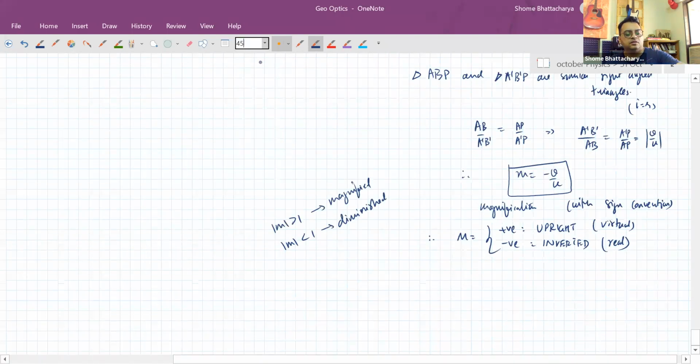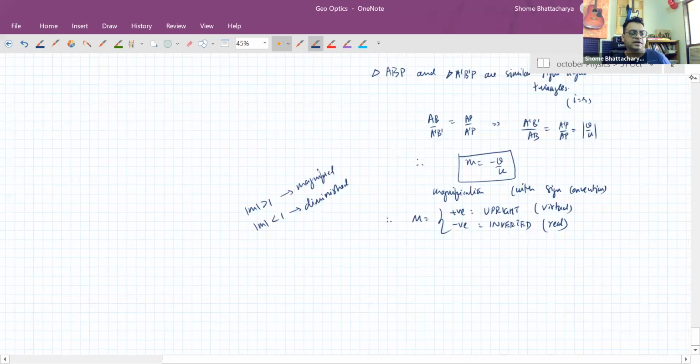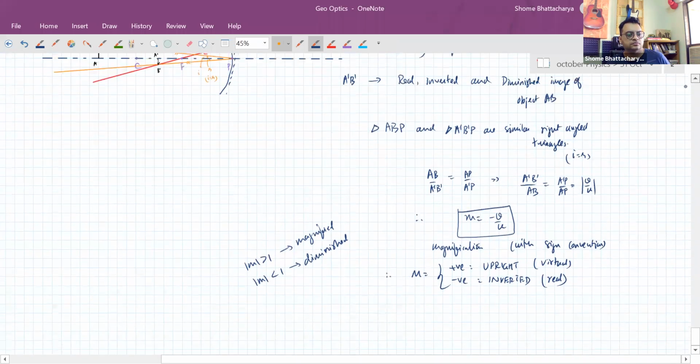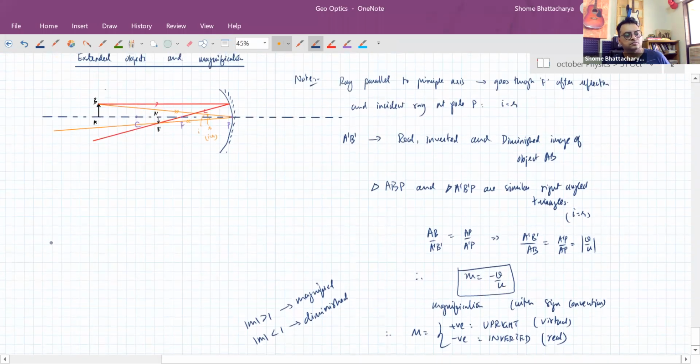So for example, in those questions we had done a while back, suppose our u was minus 180 and our v had come out to be minus 36. So our magnification, which is minus v by u, becomes minus of 36 by 180.